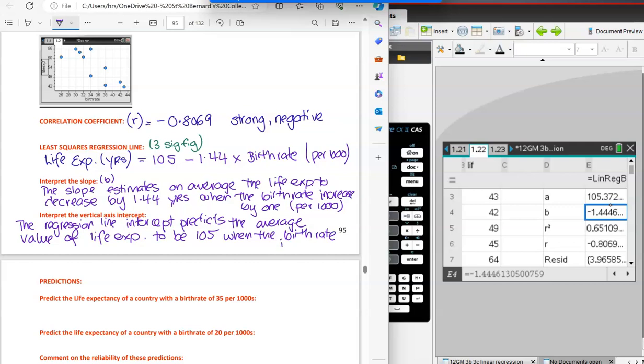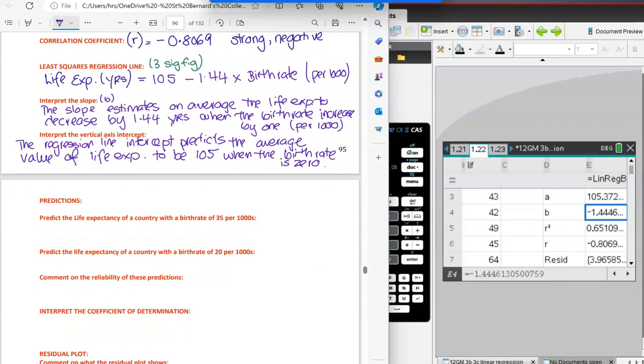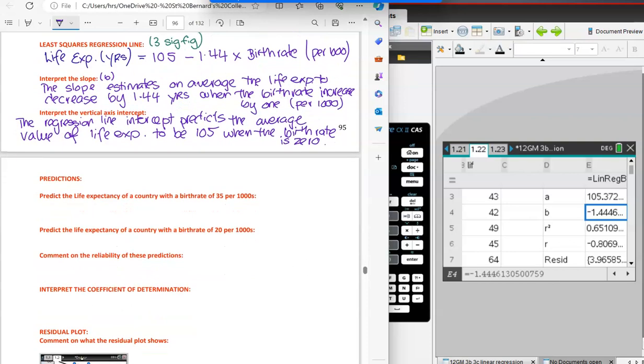So if a country didn't have any more population growth, they weren't reproducing, they reckon that people would probably live to 105.